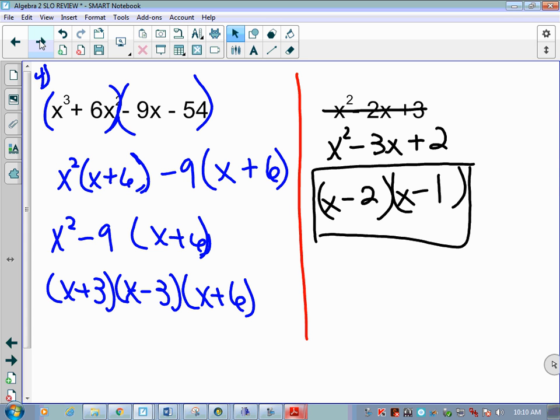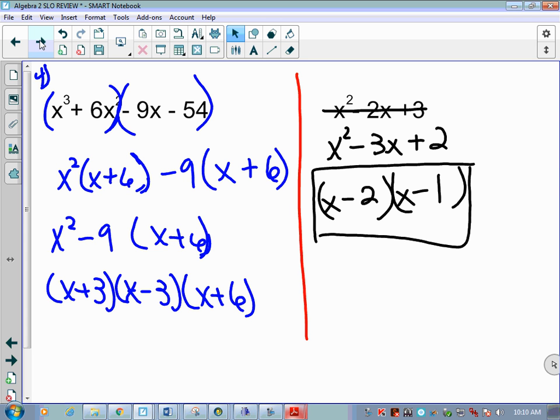Now, if factoring by grouping works, I should always get the same thing inside the parentheses in both sets, right? So I factor out, again, a negative 9, not just 9, so that I get a positive x. I don't want a negative x left inside there. As I factor out a negative 9, I'm going to check that again. Negative 9 times x is negative 9x.